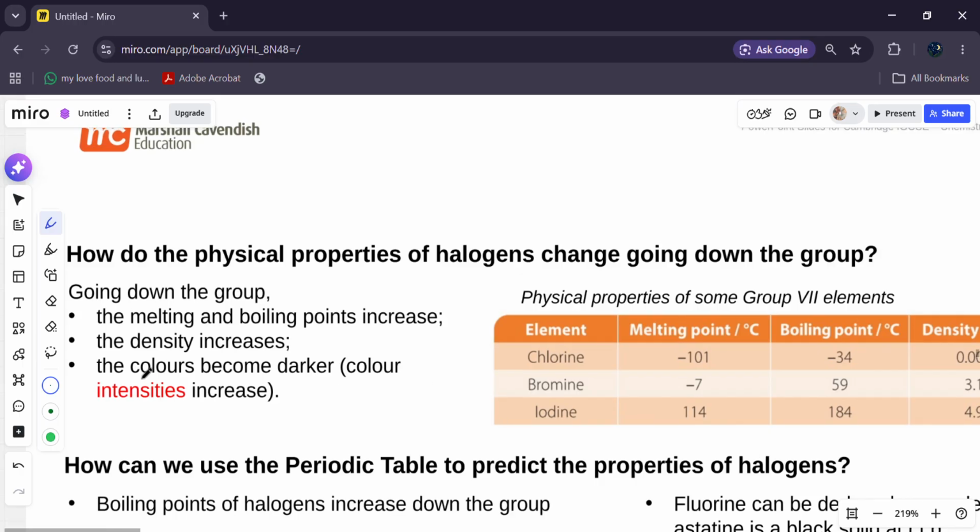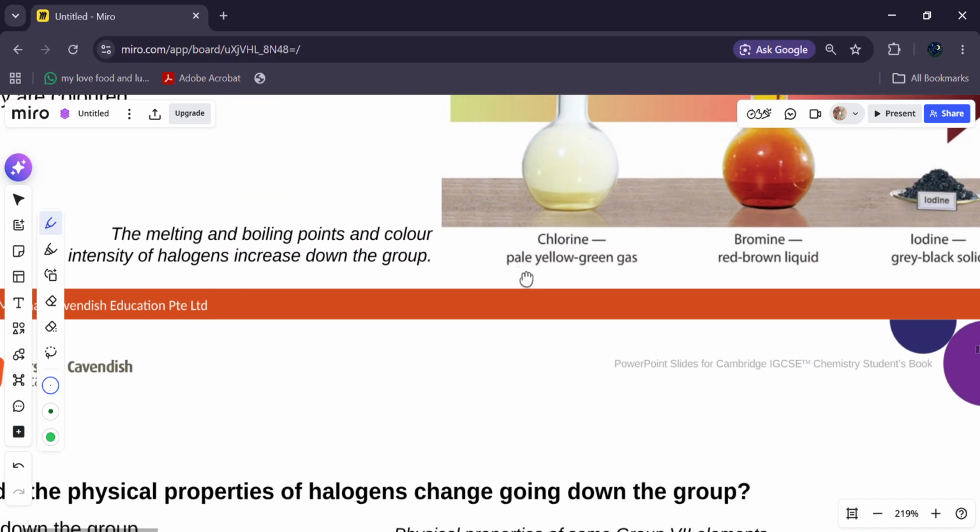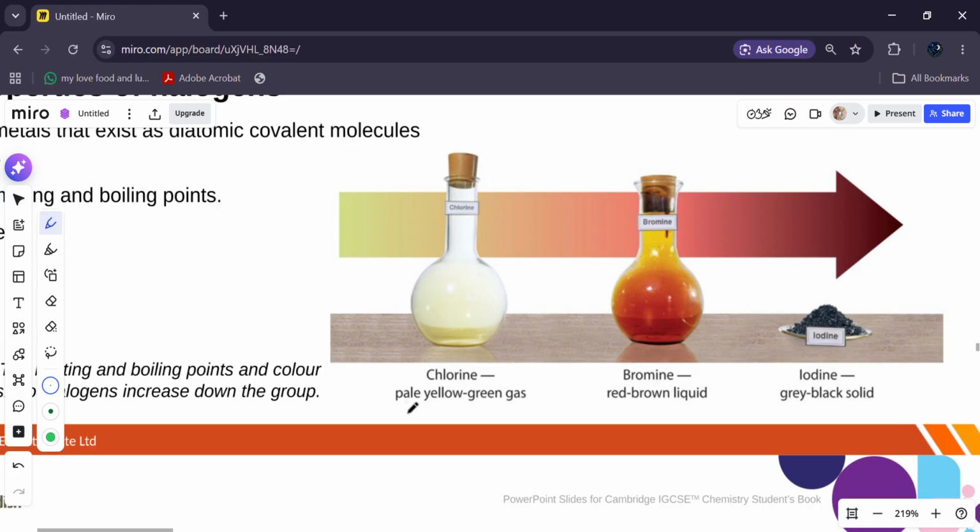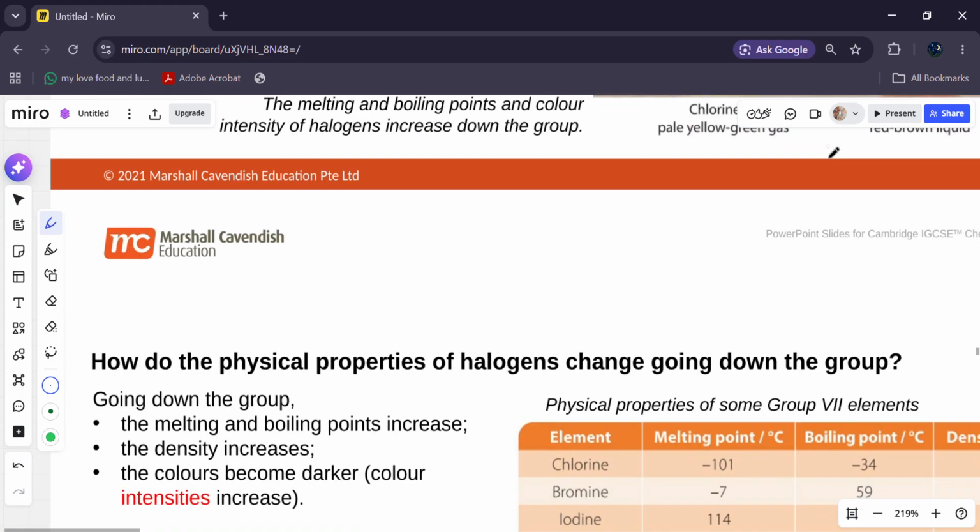The colors become darker as the color intensifies and looks more saturated. As you can see, chlorine is a pale yellow-green gas, while bromine is red-brown. Notice how bromine seems to have more color than chlorine, and iodine is not even a gas, it is a gray-black solid.